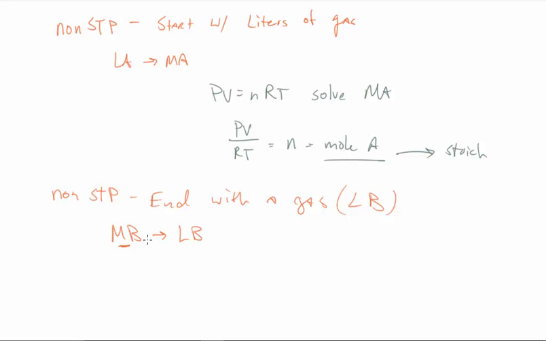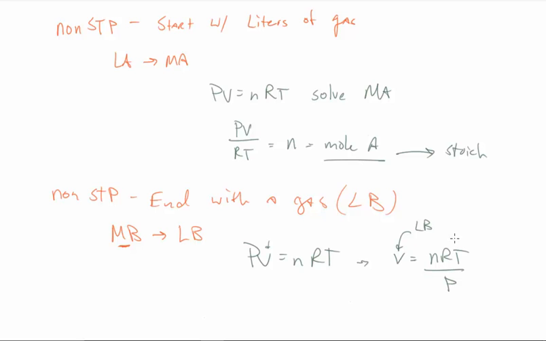And so what we can do, again, PIVNERT comes in to save the day, right? I've got all my variables, and what I want is volume. And so notice if I just rearrange this equation, I end up with volume is equal to nRT divided by P. And I can actually solve for this liters B value given my pressure and my temperature conditions at non-STP conditions.